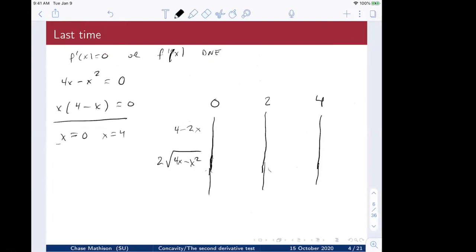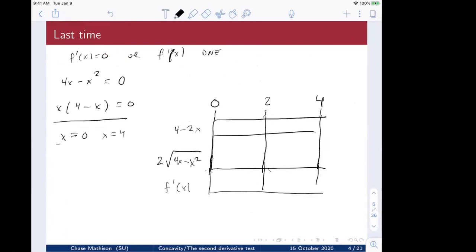And then f prime is the top divided by the bottom. All right, so what test point should I pick between x equals 0 and x equals 2? x equals 1, perfect.